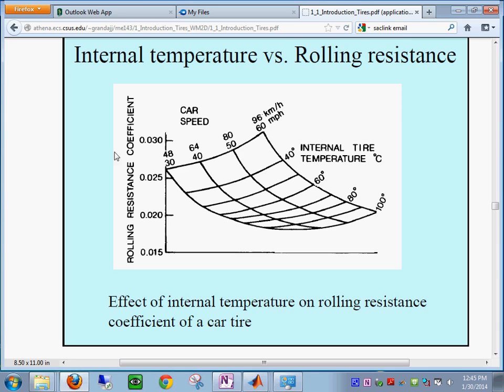So you have in here the rolling resistance coefficient, and then you have the internal tire pressure and the car speed. This is the effect of the internal pressure on the rolling resistance coefficient.